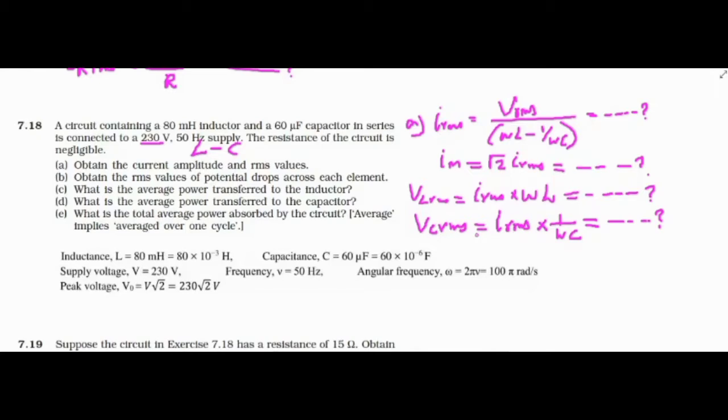VL and VC are in the opposite direction. You take the magnitude of the difference, VL RMS minus VC RMS. Take the difference, then you will get the answer, 230 volts, what you have applied.